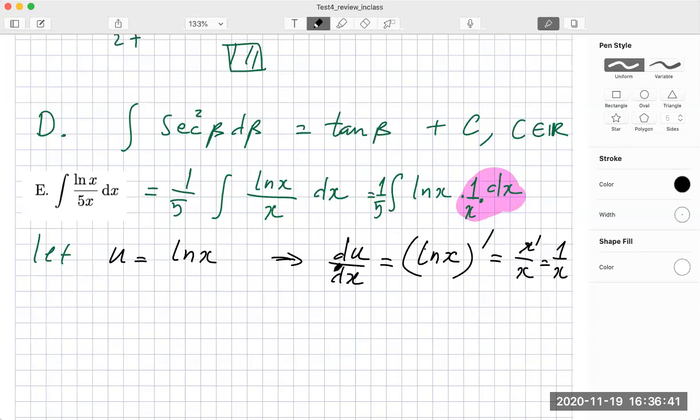So it means that du over dx is 1 over x, okay? Or we write it, du will be, we multiply both sides by dx, giving us 1 over x dx here, okay?